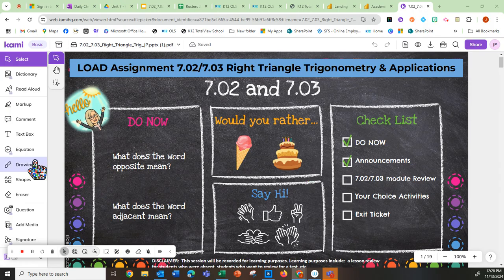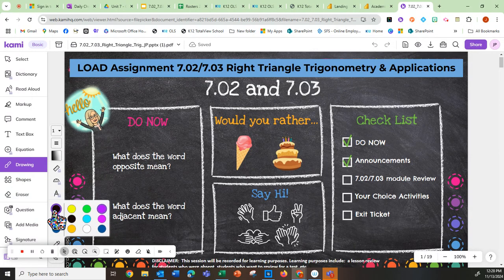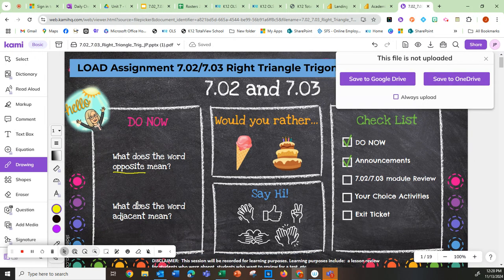Let's just get started here with the word opposite. I know you've heard that word, you probably know what it means, but when we're thinking about a right triangle, this is something some of my students struggle with. Let's name this triangle ABC.